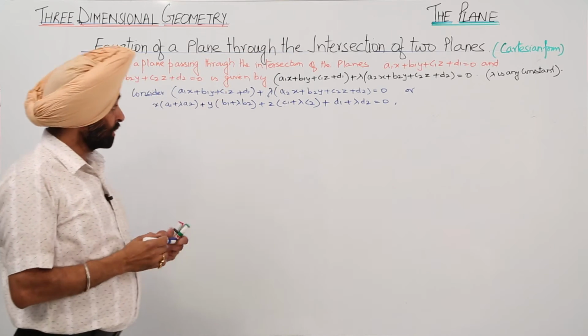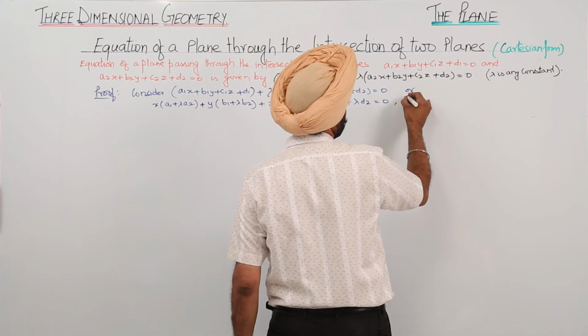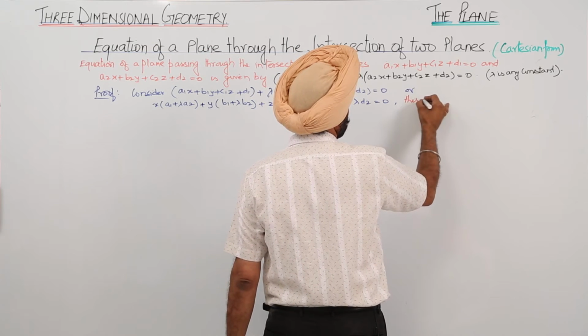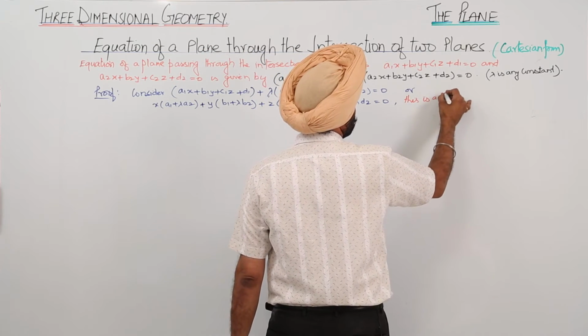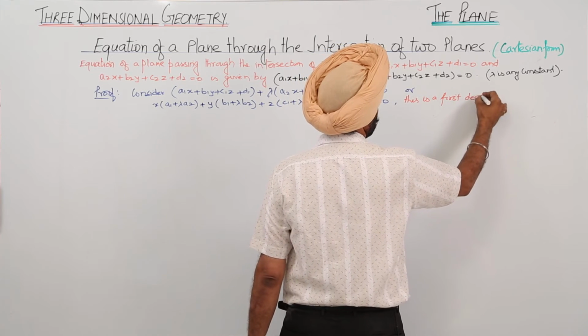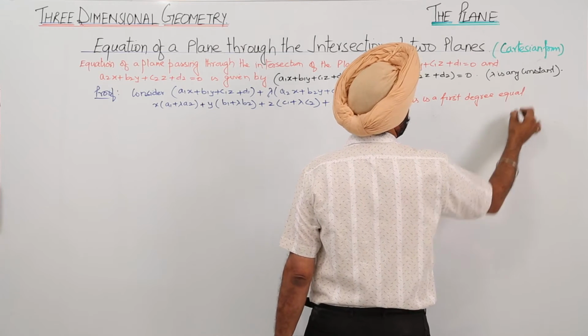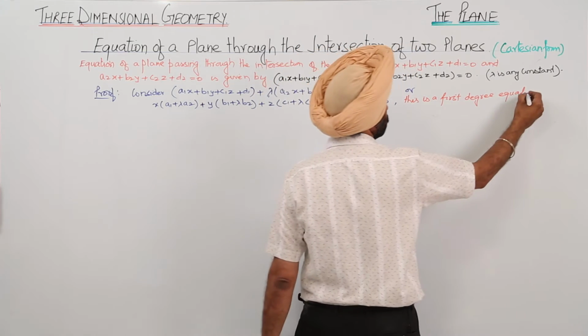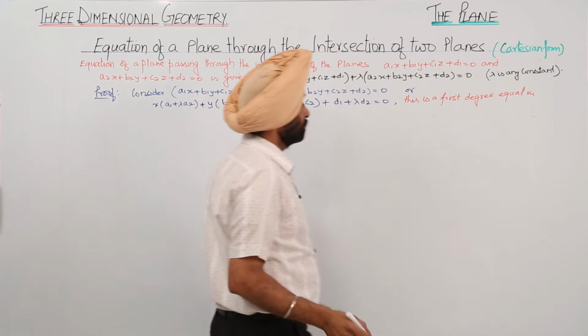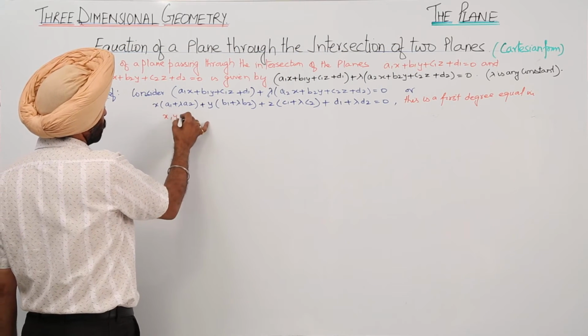Now what does this represent? This is a first degree equation in x, y and z.